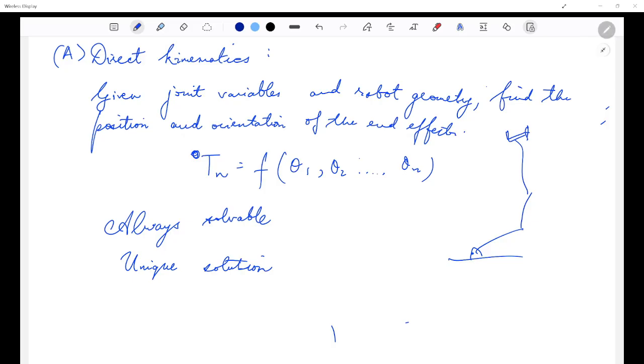Now there is something called workspace, right, apart from what we are reading. Workspace is the place where the robot's end effector can reach. It cannot go to any arbitrary position anywhere.